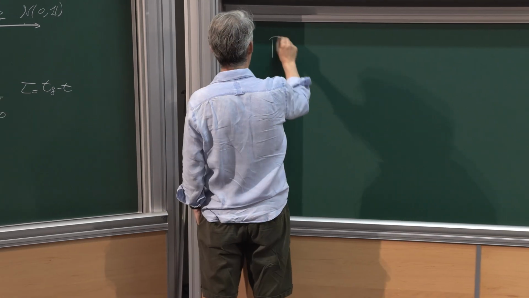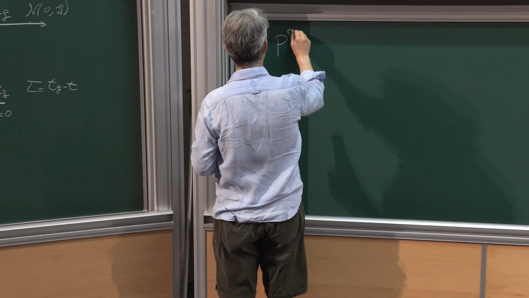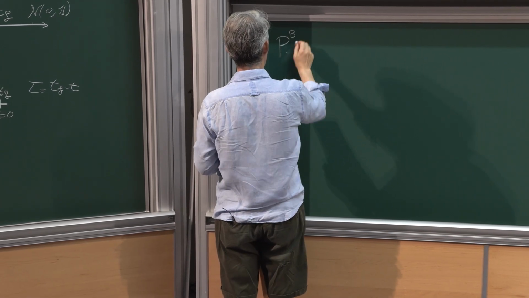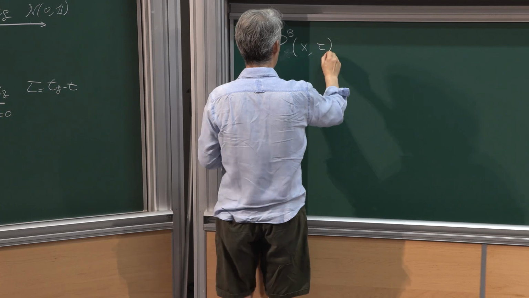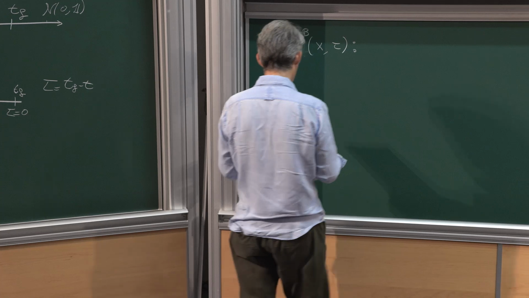I'll call it P backward of x and tau, and it satisfies a Fokker-Planck equation. So what is the Fokker-Planck equation which is satisfied?